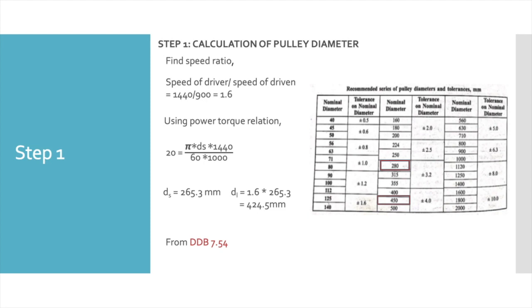From this table, our diameter of smaller pulley is 265, and we are not going to take a value less than this, but a value just a step greater than this. So the value should be 280 mm for the smaller pulley, and 450 mm for the larger pulley.